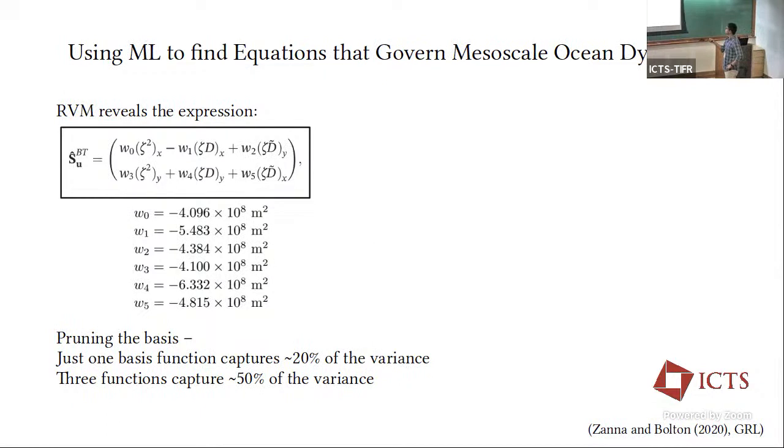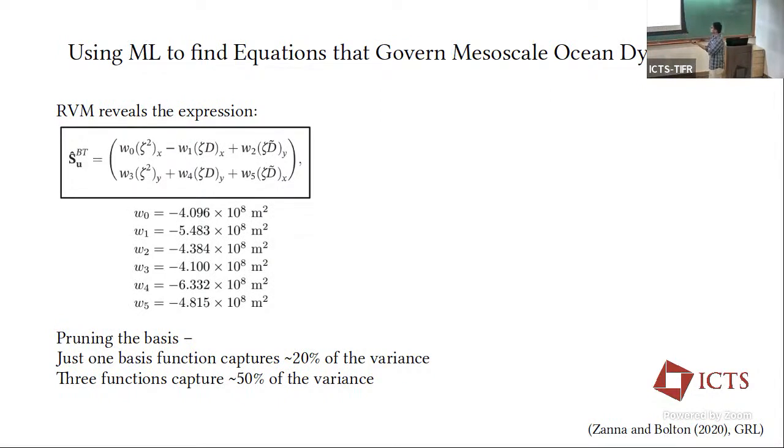So your subgrid scale momentum flux in the X direction can be written as a combination of the X gradient of your entropy, and then the X gradient of your vorticity times the shear deformation, and then the vorticity times the stretching deformation, the Y gradient of that. So these were the functions they assumed in the library, and then they got W1, W2, W3, and so on.